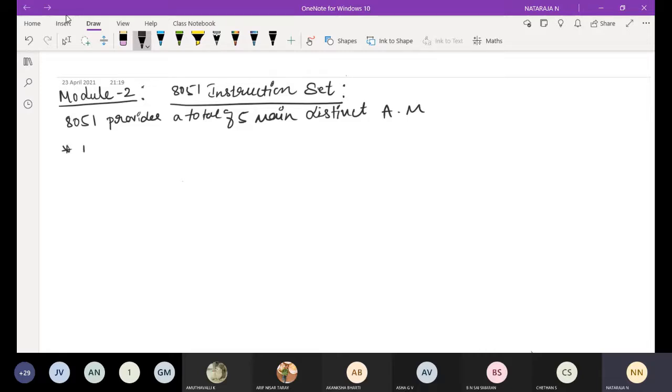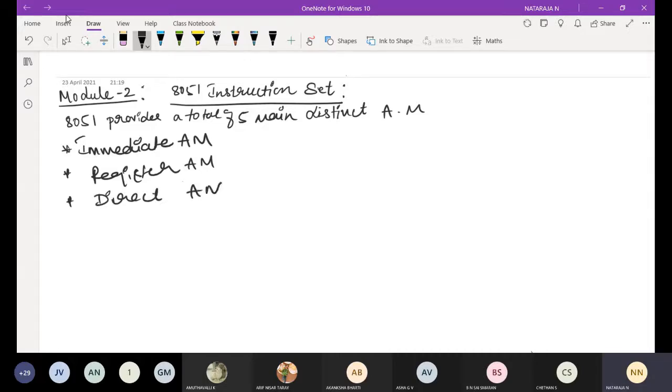First one, immediate addressing mode. Second one, register addressing mode. Third one, direct addressing mode.